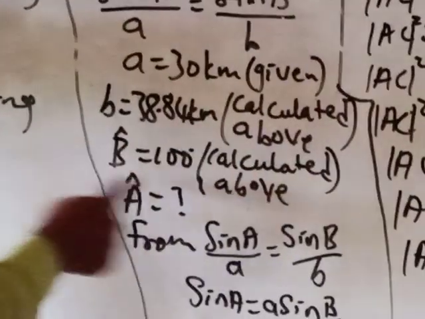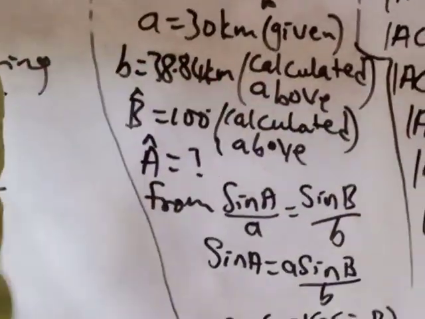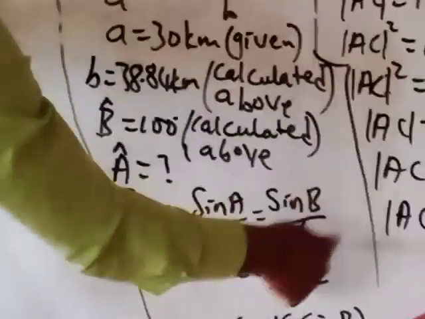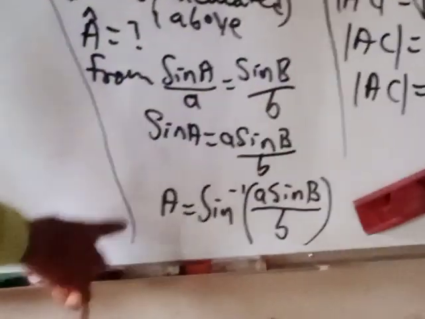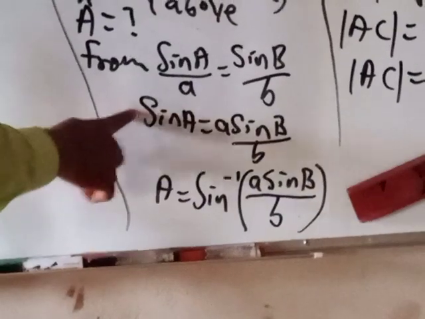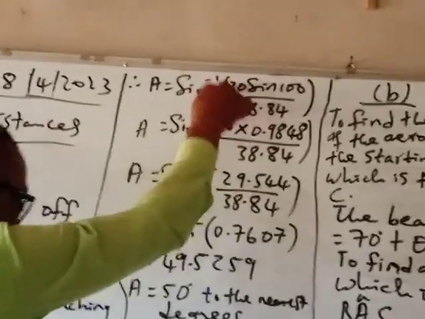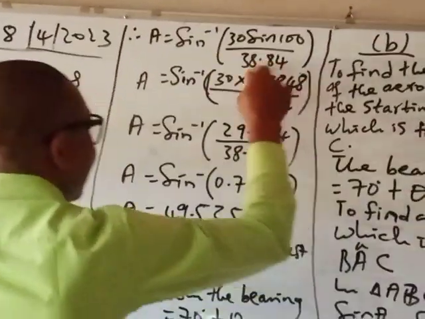Angle B equals 100 degrees, also calculated above. Angle A is what we are looking for, which is theta. Then from the formula, we make angle A the subject. This crossing will be sine A equals a sine B over small b. Then making A the subject, sine crossing becomes sine inverse of the whole thing in bracket. Replacing the values back, we have 30 for small a, 100 for capital B, 38.84 for small b.